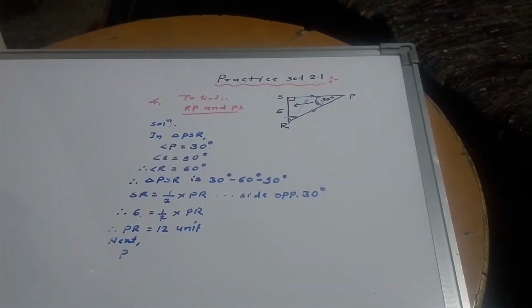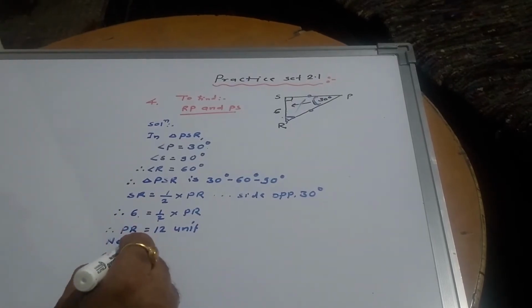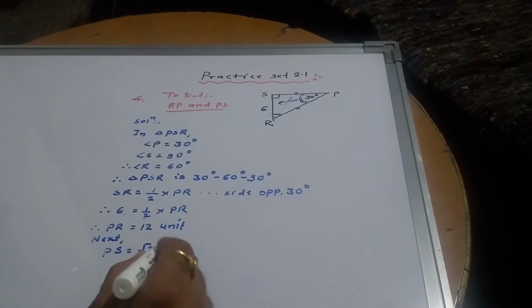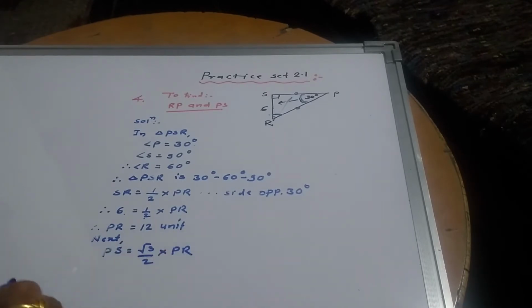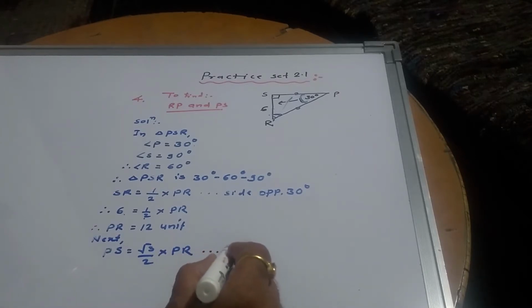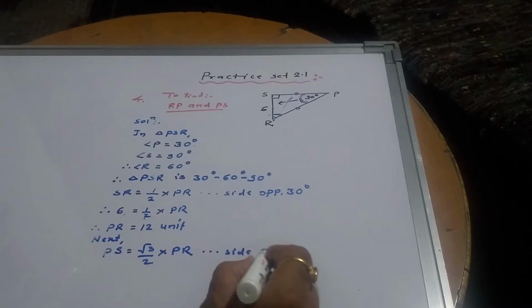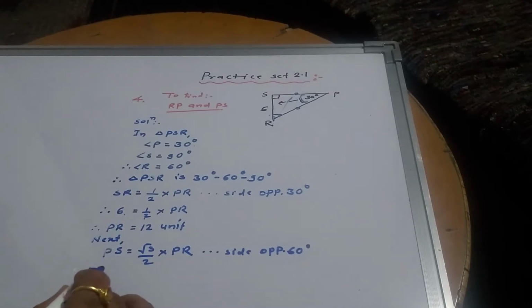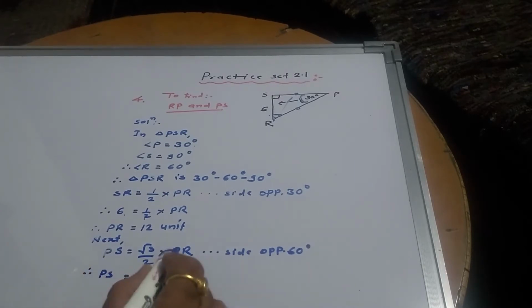So now PS it is equal to √3/2 into hypotenuse, that is a PR. Here reason is that side opposite to 60 degree.